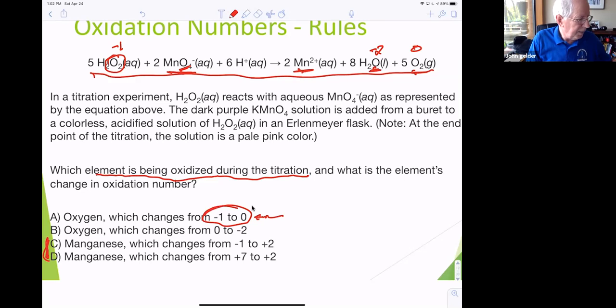And we can take a moment just to talk about this particular kind of question as representative of some multiple choice questions on an AP exam. There's a lot of information here that, while very true statements about this particular titration, is probably not relevant to the question that is being asked.